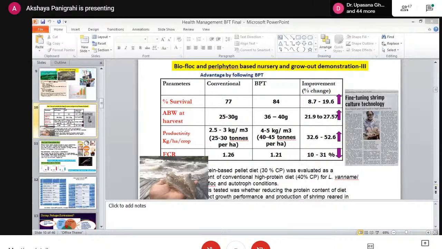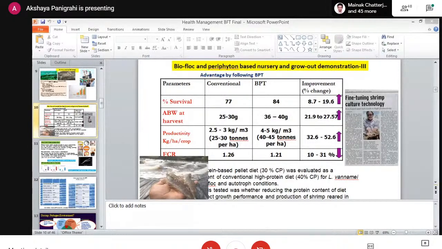That was in 2013-14, and now it is much more advanced. There we get an average body weight of the shrimp of 36 to 40 grams after 110 days following the nursery, whereas in the conventional system it is 25 to 30 grams. So there is an enhancement of almost 27%, and similarly the survival improves by almost 20%.